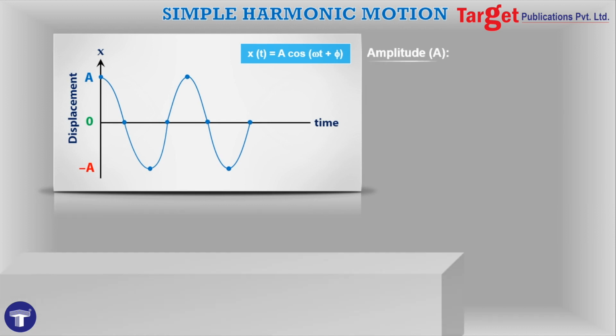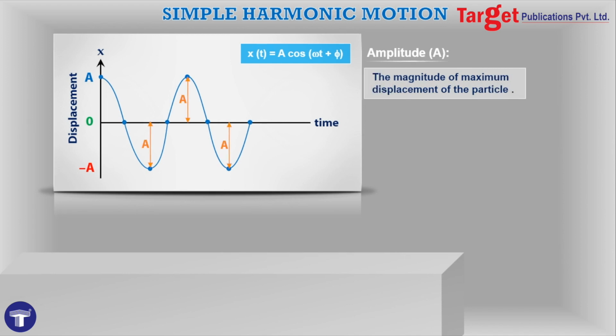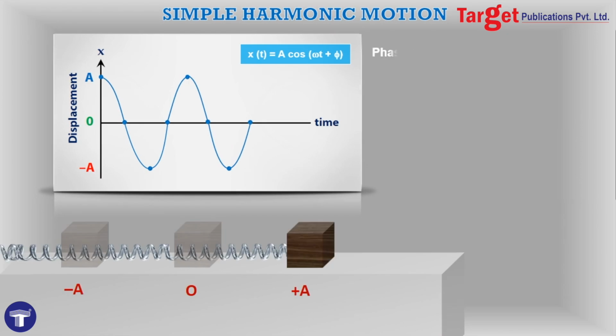We must also keep in mind what exactly is the amplitude of such a motion. It is nothing but the maximum displacement of the particle from the mean position. This could be on either side of the mean position as shown. Finally, let's also discuss what is known as the phase.